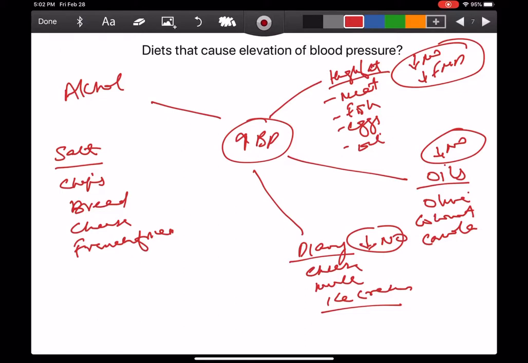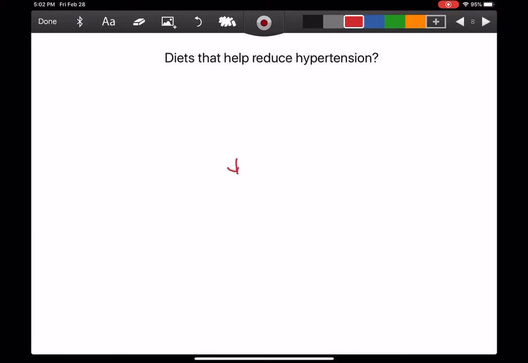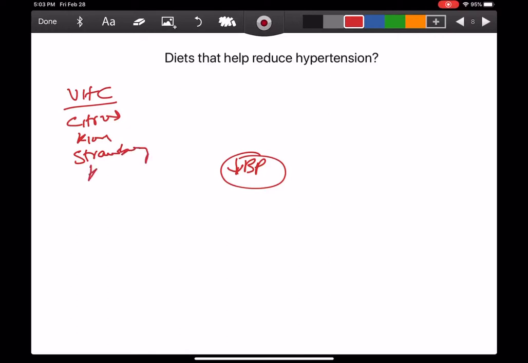Now, how can we eat and what can we eat to decrease our blood pressure? The number one thing that is recommended is eating food that is rich in vitamin C. Foods like citrus fruits, kiwi, strawberries, and kale are rich in vitamin C. Next is eating foods that are rich in potassium.